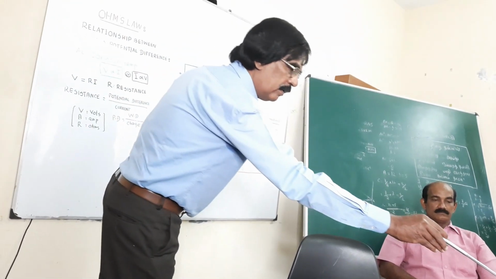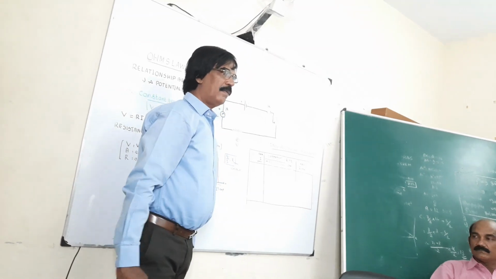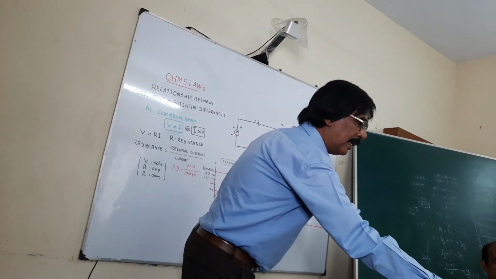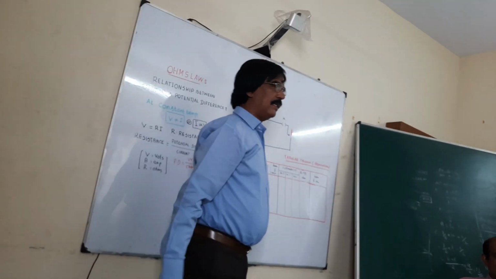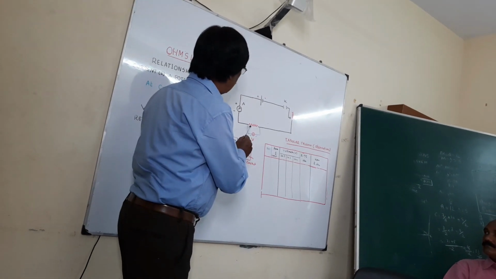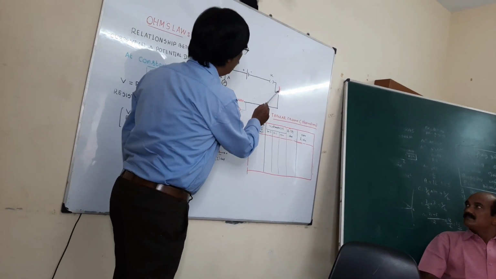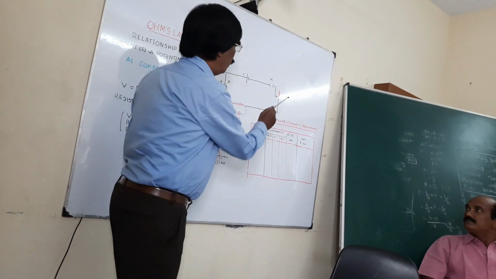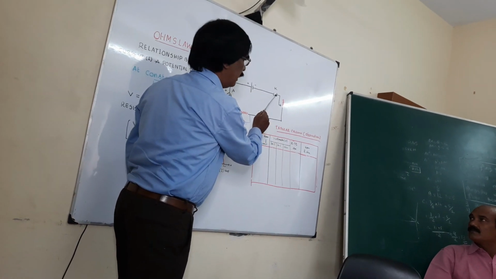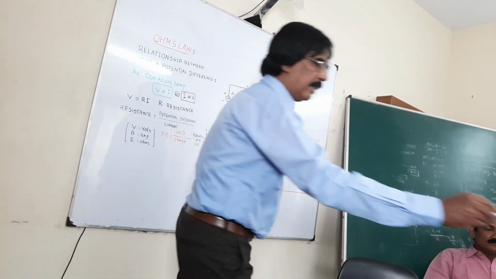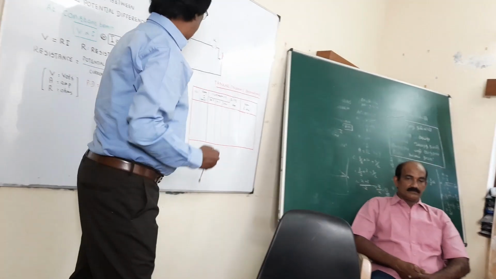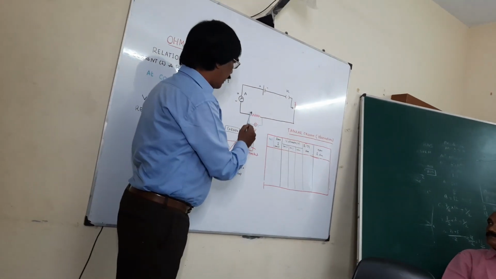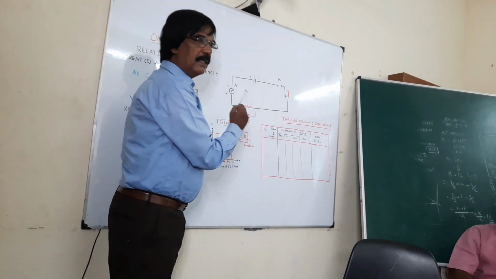The resistance we are going to give from this rheostat. By adjusting this slider, we can change the resistance. And then it goes to the plug key K. And this voltmeter is connected in parallel. Ammeter is connected in series.